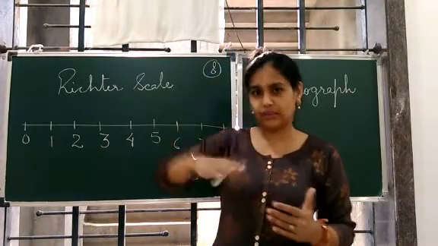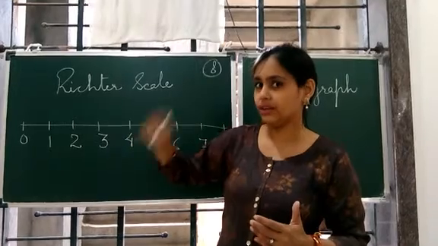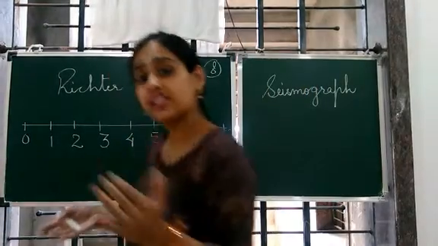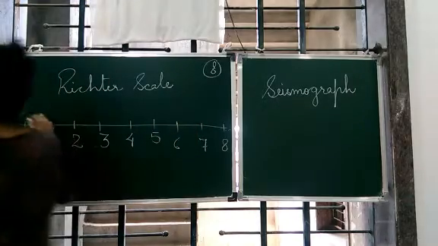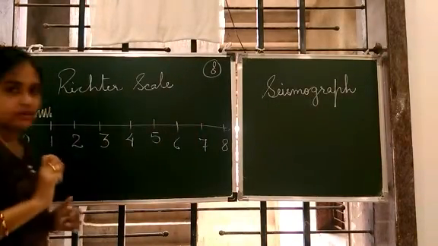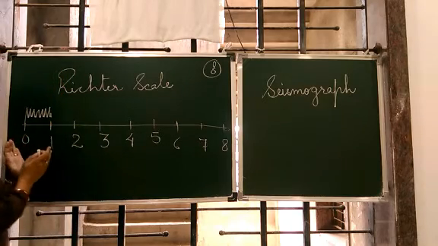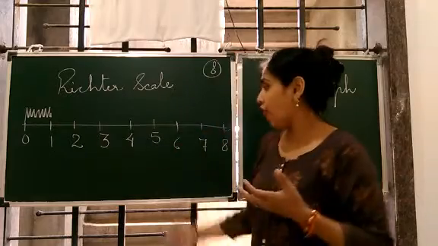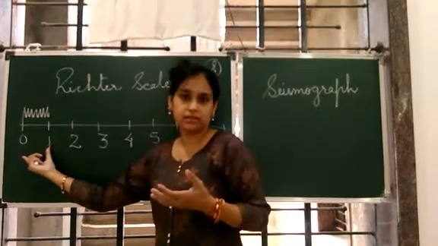It is in the form of waves, which are actually known as the seismic waves. Okay, like this. Got it? Clear? So, the destruction or the strength, you can say the magnitude, of the readings here.